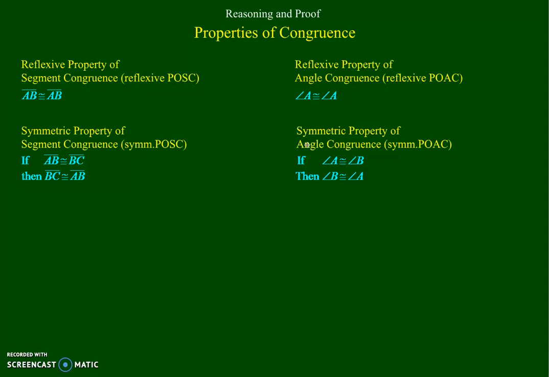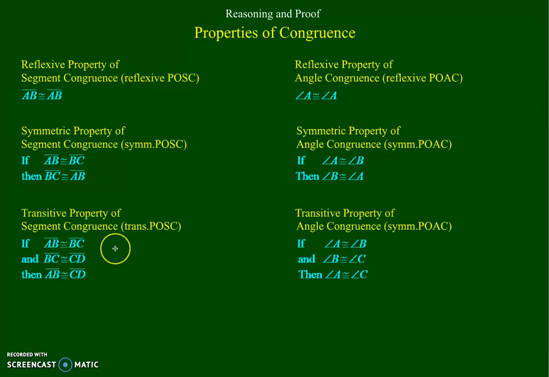Now let's look at the third one, which was the transitive property. Now we used the transitive property in the last proof we did. That was the transitive property of equality. So equality is reflexive, symmetric, and transitive, but now so is segment congruence.